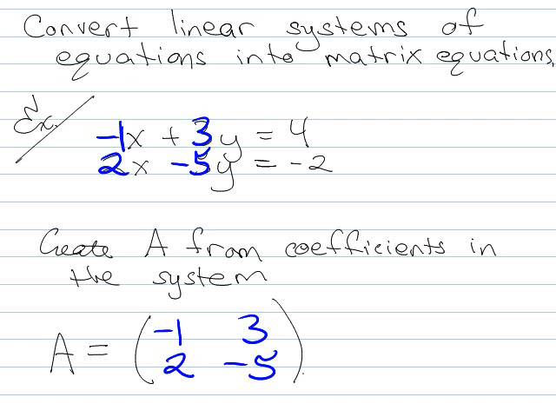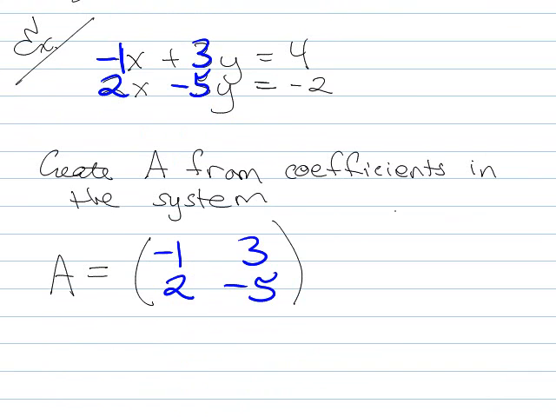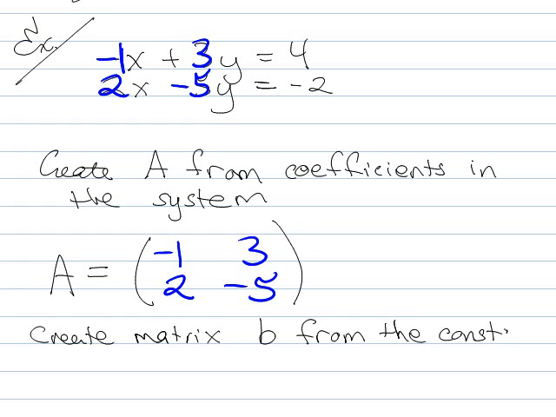That's my coefficients, A. Then I'm going to create B. And we usually call it little b, from the constants. So I'm going to make this little b equal to 4 and -2.